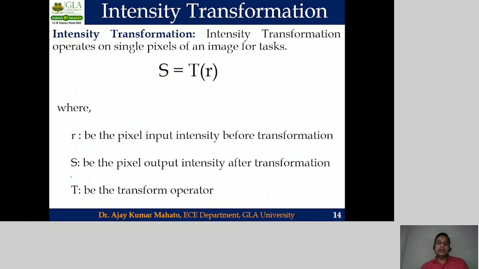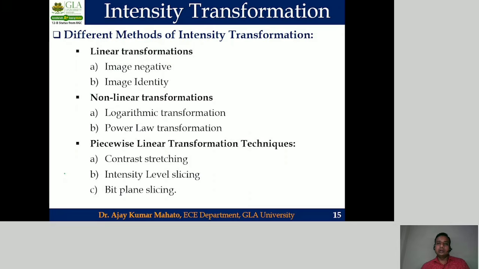So in intensity transformation, the general expression is S equals T(R), where R represents the input image pixel intensity level, S represents the output image pixel intensity level, and T represents the transform operator. These are the various intensity transformation based image enhancement techniques.